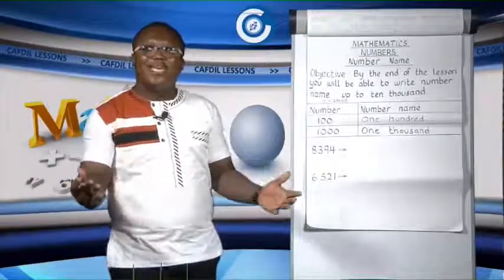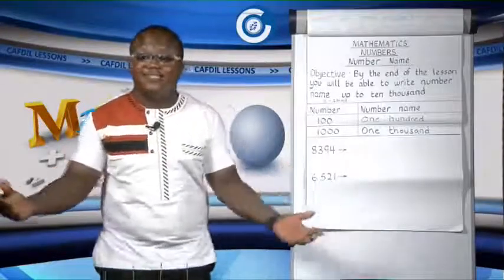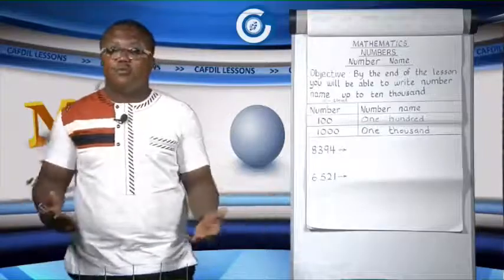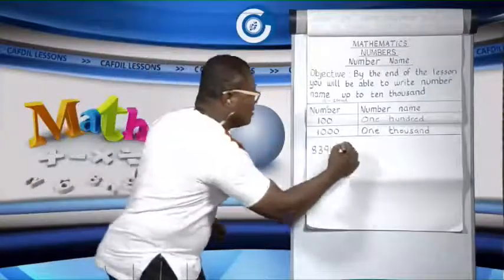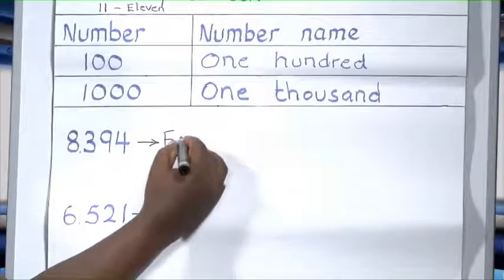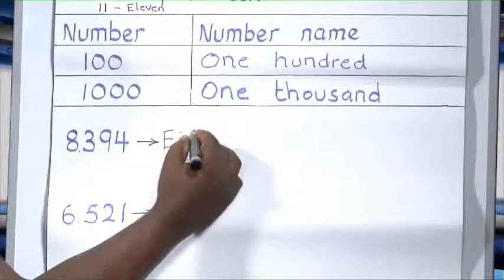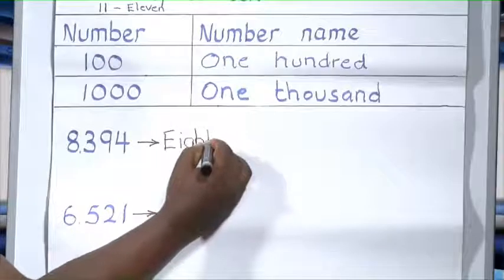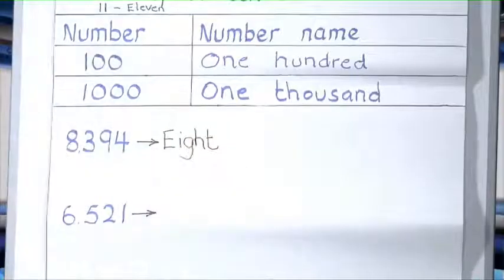So we are going to write this 8,000. Learners, remember when we were in class 1, we learned how to write 8. 8 is very simple. This is how we write 8. But it's 8,000.